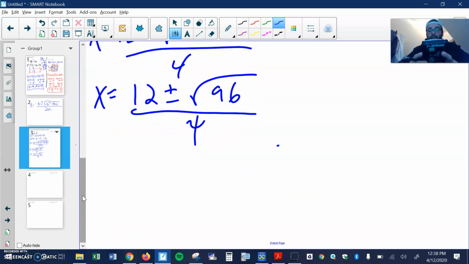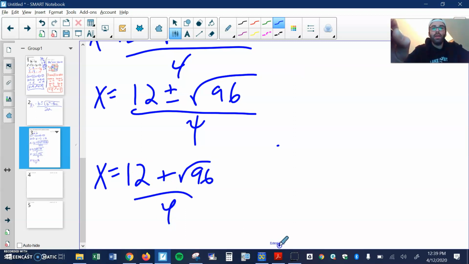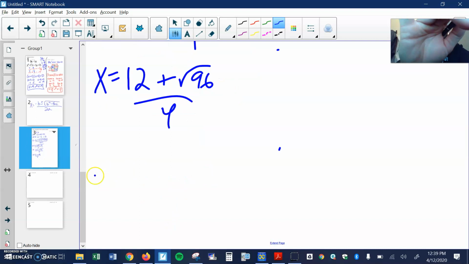That is not a good rule to live by, okay? But we'll still get the same answer when doing the quadratic formula. All right, so I got 12 plus root 96 over 4 and 12 minus root 96 over 4.